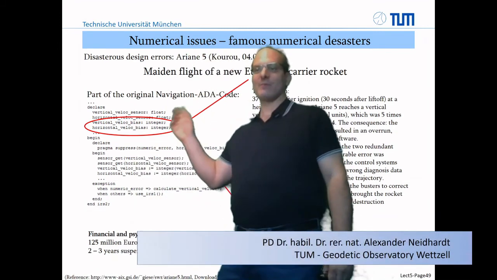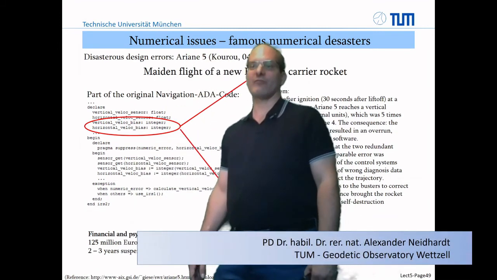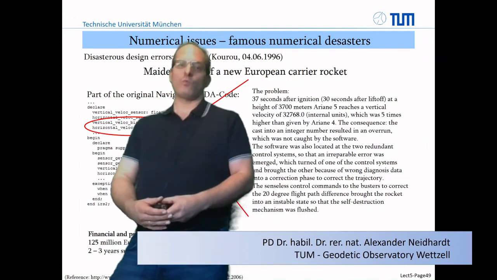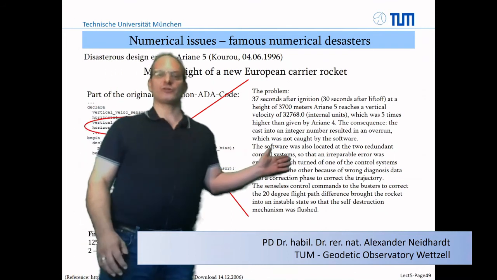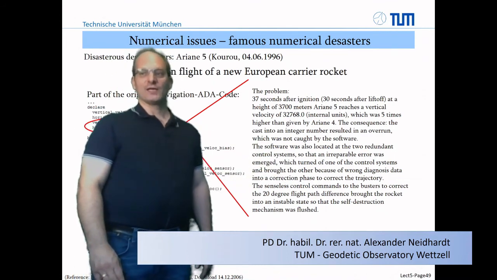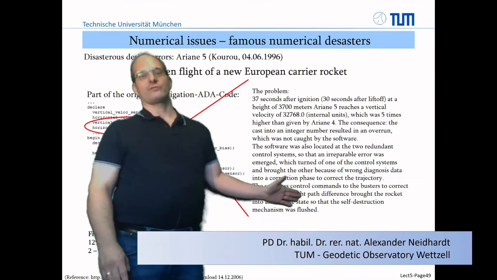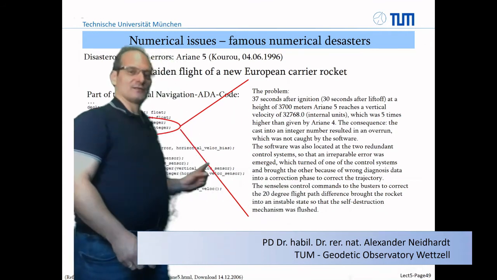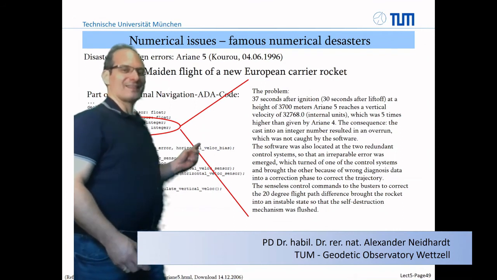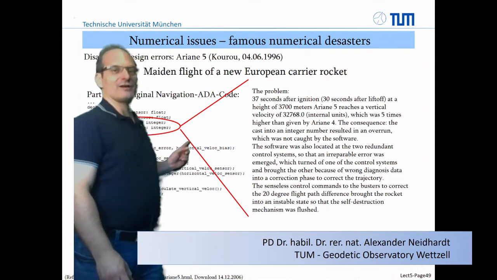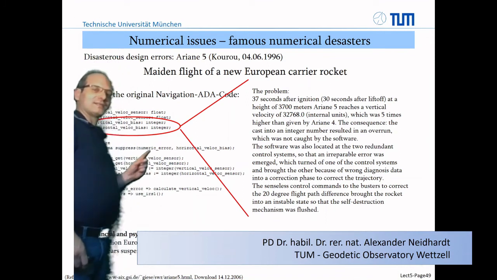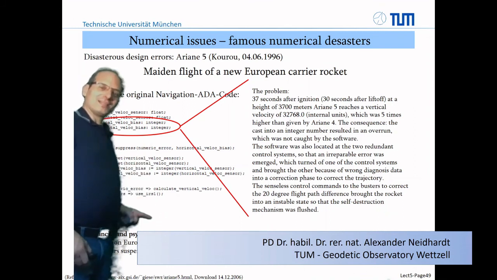One is the maiden flight of the European Ariane rocket, 1996, where a wrong integer type was used, and it resulted in a catastrophic explosion. You will find this code here on the internet, presented as the original Ariane 5 code, but it is just a sample. It was cited several times, but it's not the real Ariane code.